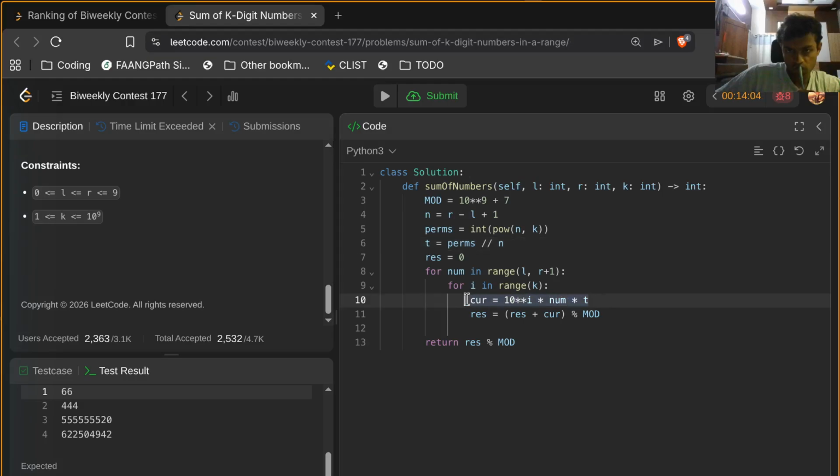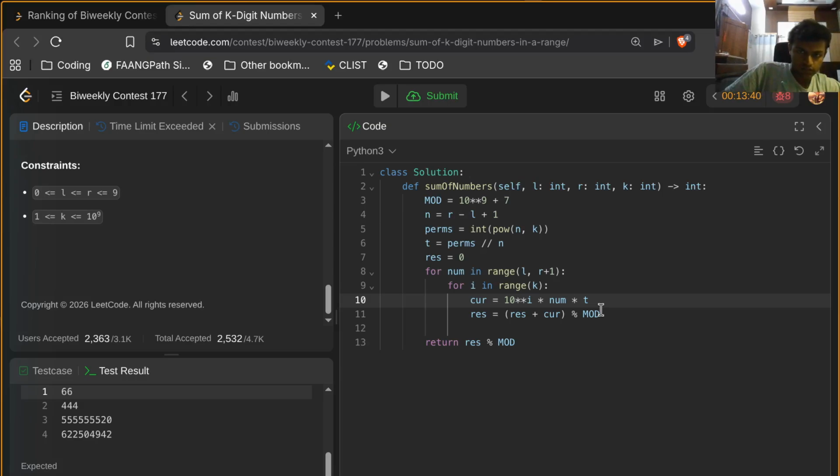Hmm. Let's say I know k already. K is equal to, let's say 3.